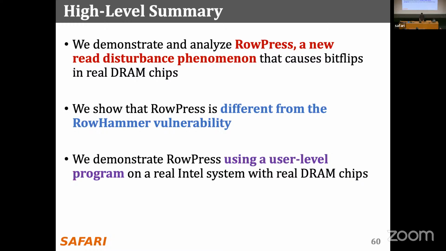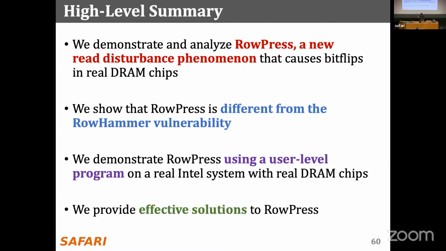We show that it's different, and we even demonstrate in a real system that if you leverage this RowPress vulnerability, you can use a user-level program to induce bitflips much more effectively compared to using RowHammer on real DRAM chips that already have the industry's RowHammer mitigation implemented. And we also propose effective solutions on how to mitigate RowPress.